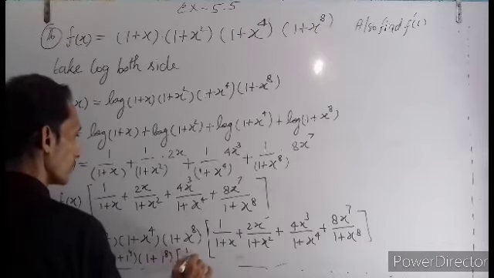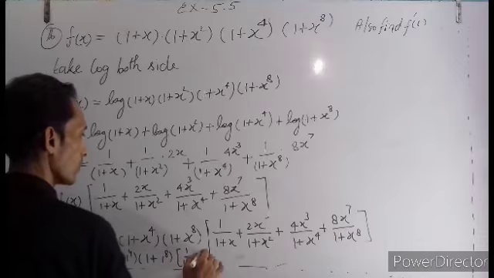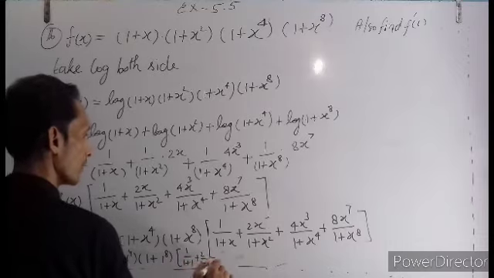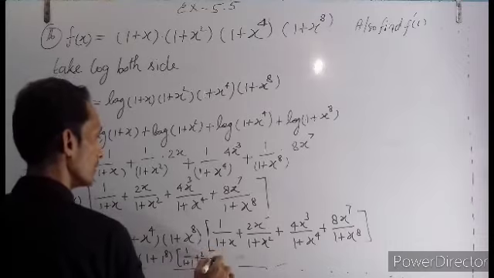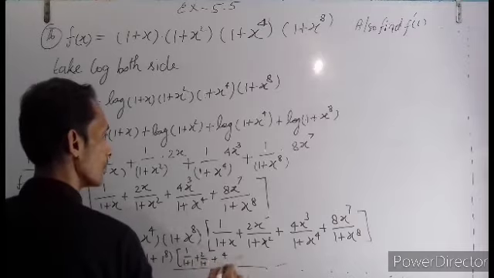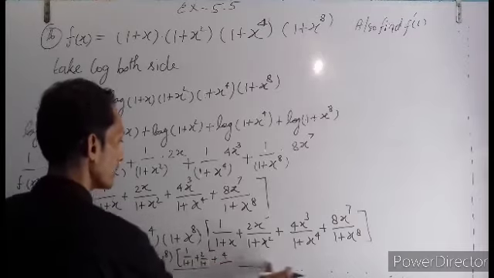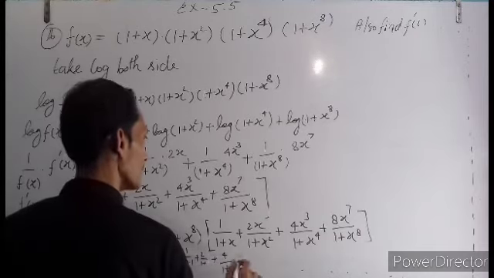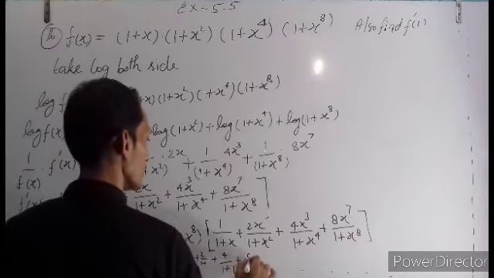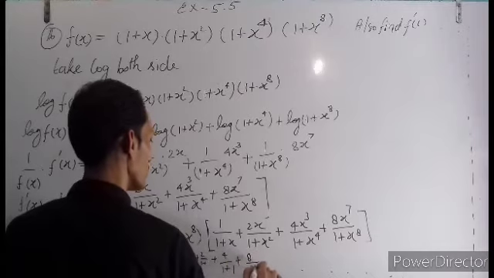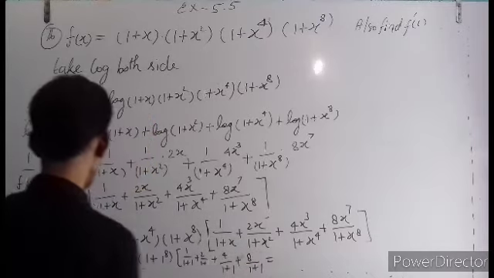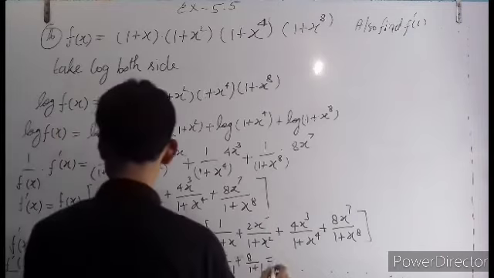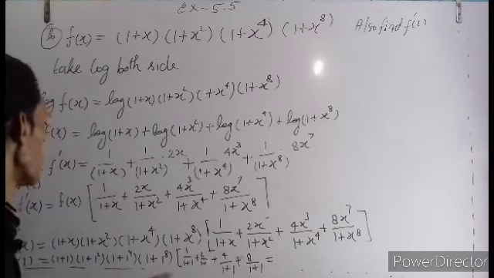Similarly, 1 upon 1 plus 1, 2 upon 1 plus 1, 4 upon 1 plus 1, and 8 upon 1 plus 1. You can see what will come: 2, 2, 2, 4 times.